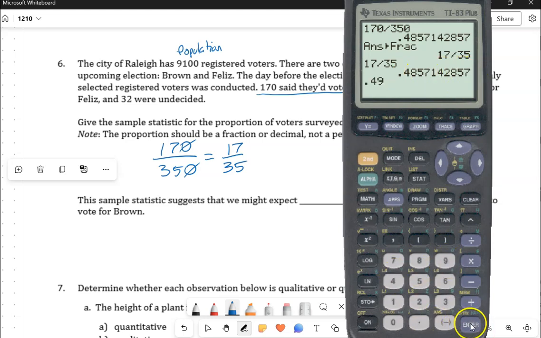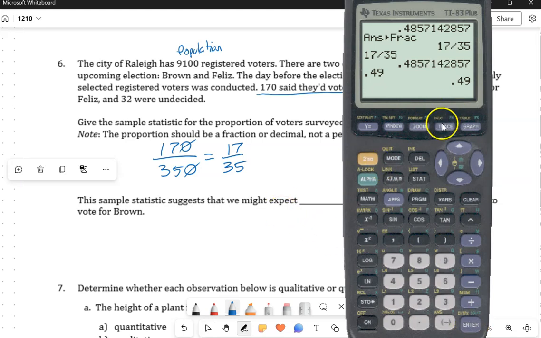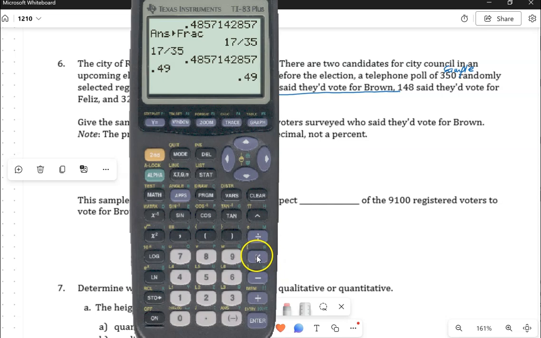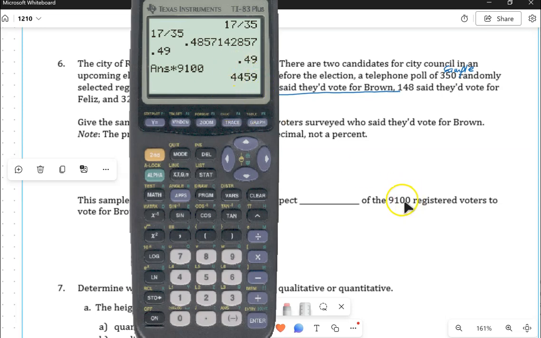So let's say we did go to 0.49, and that's 49% of the 9,100 people. That would be a certain number. But we don't have 49%. Maybe it's 0.486. Maybe we round to 3 decimal places.